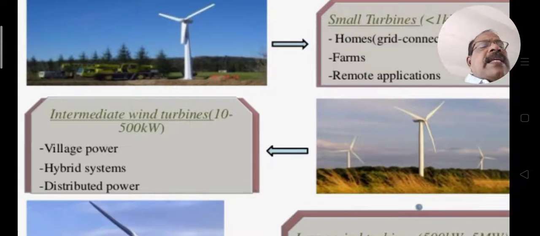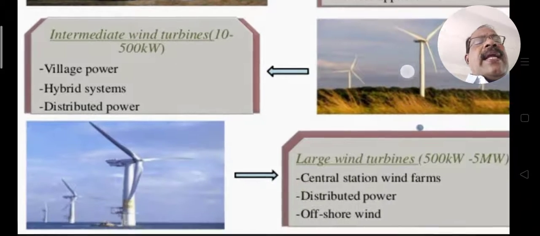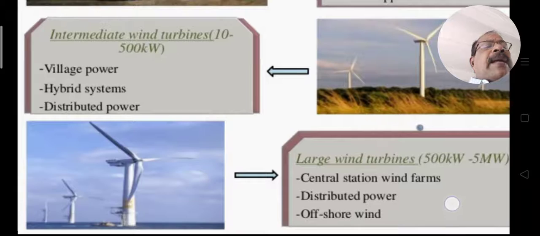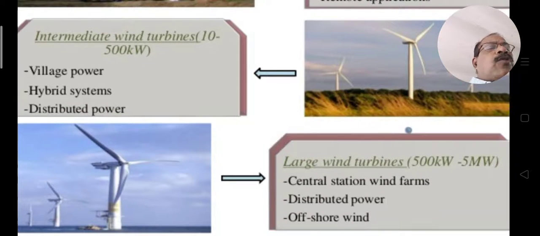And finally, large wind turbines generate 500 kilowatts to 5 megawatts. We use large wind turbines in central station wind farms, distributed power and offshore wind. It has more advantages.